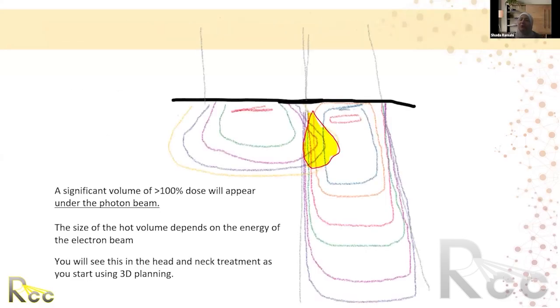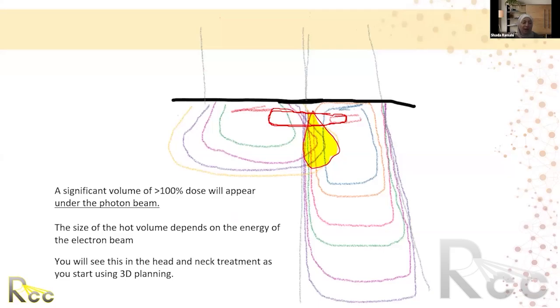So I do not recommend any gap. The reason is a slight gap would not remove the hotspot at all. It will just make it less in value and smaller in size, but you'll be underdosing your PTV. Remember, the reason we are using electrons is because the PTV is shallow. The PTV is lymph nodes, somewhere here under the skin.